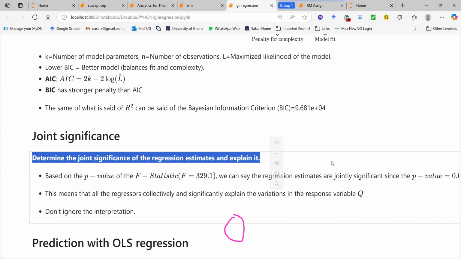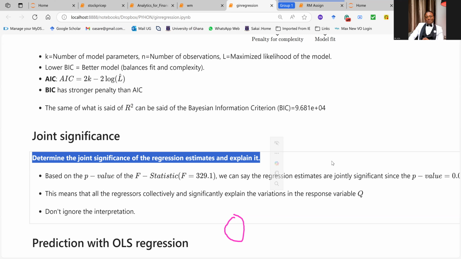You always check the p-value for the F statistic. If the p-value is less than 5%, then the independent variables are jointly significant. One of the things you should notice is that the R squared doesn't tell you whether the model is significant. It only tells you the percentage. But the F test tells you whether the model is significant.